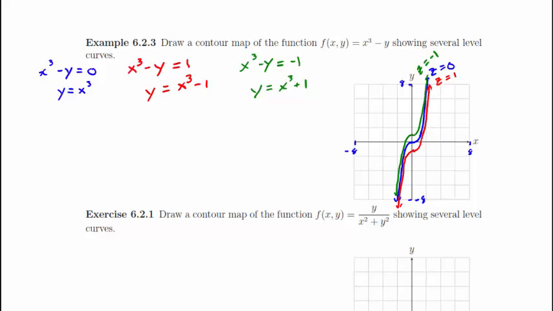So if I choose z equals 8, then maybe it will give me a more drastic shift. So if z equals 8, I get y equals x cubed minus 8. Sure enough, we get all the way down here. We're not even going to see the bottom half of the graph.